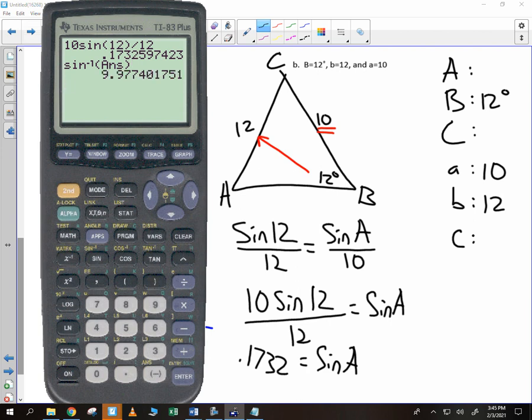You can see you get 9.98 degrees. So angle A is 9.98 degrees. Now that I have that, it's easy to figure out angle C. I will take 180 minus 12 minus 9.98. And what do I get? I get 158.02.